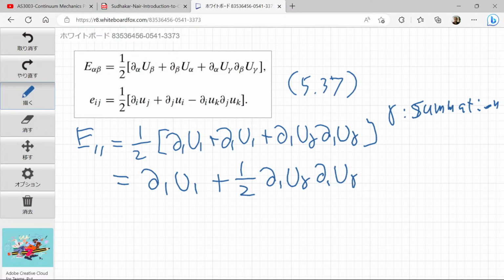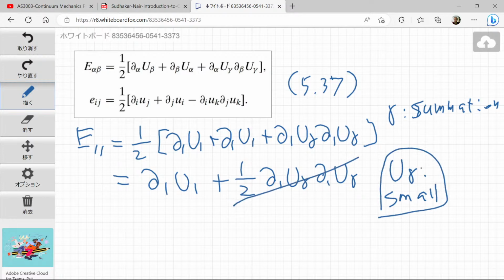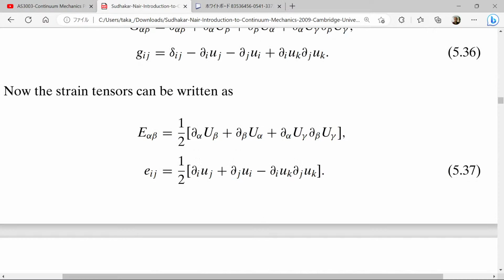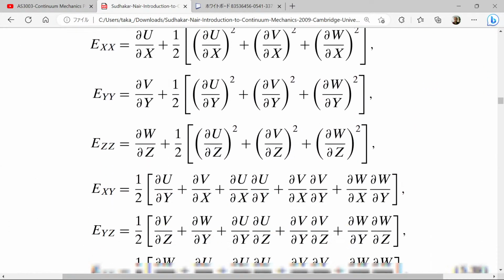And here we assume U gamma is a small quantity, so we can neglect this one. So we obtain E11 as partial 1 U1. Okay, that's this.